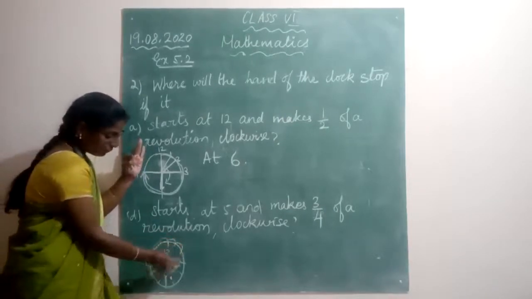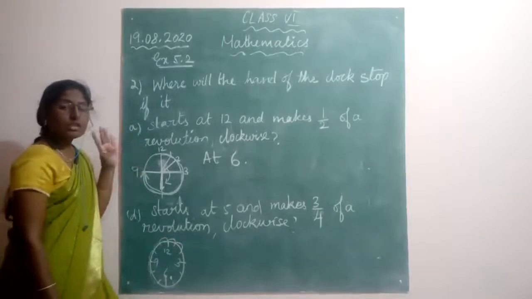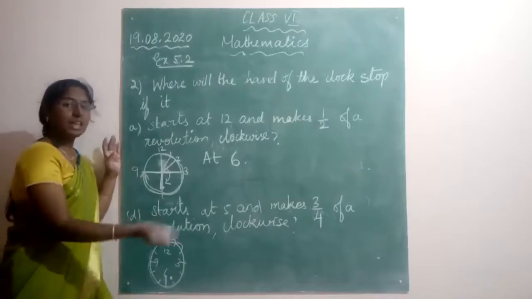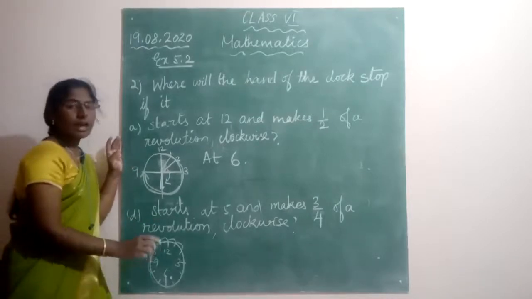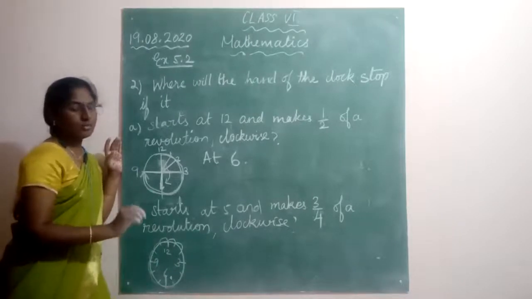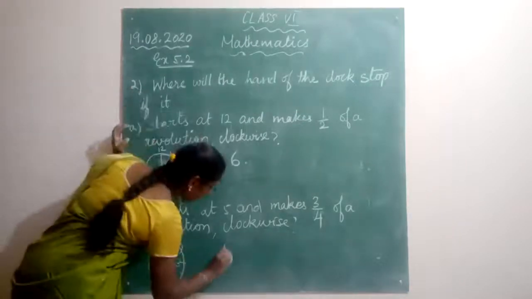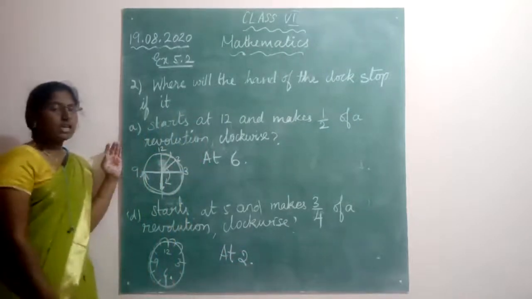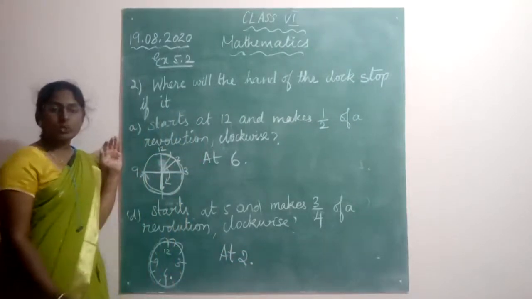And 1 to 2, 9. Is it clear? So when it covers 3/4 of the revolution, it covers 9 hours, and the hand of the clock stops at 2 o'clock. Is it clear?